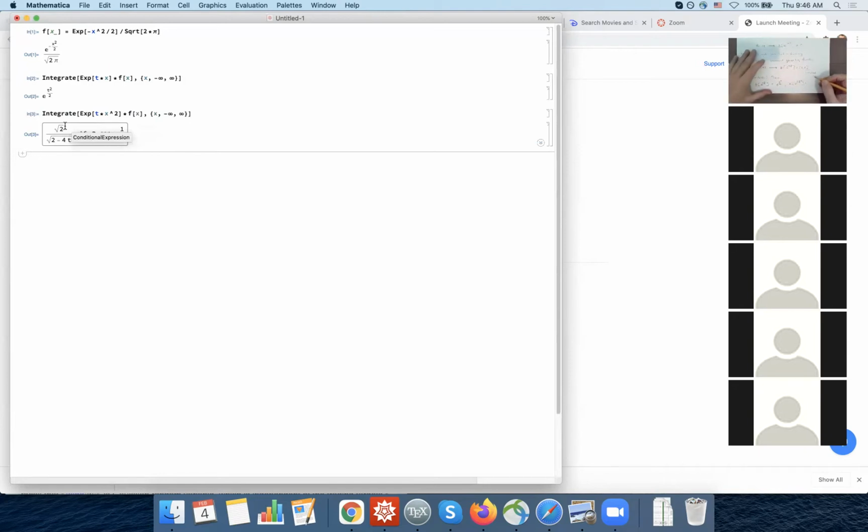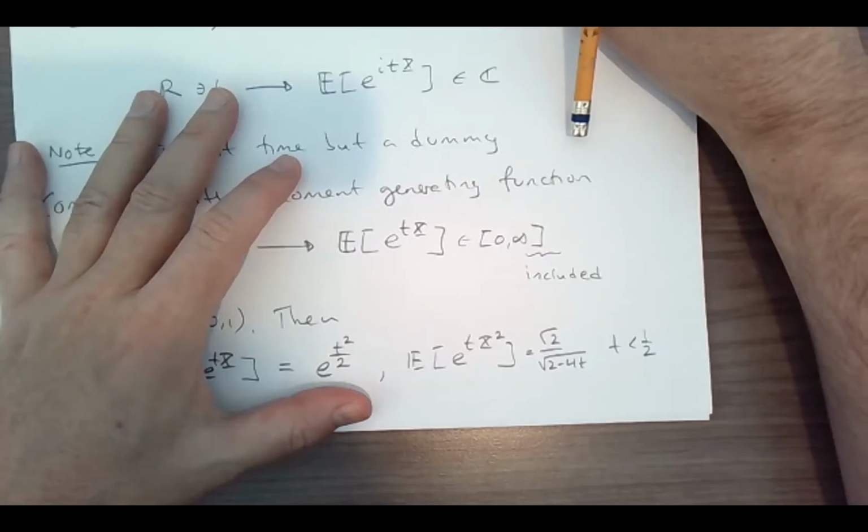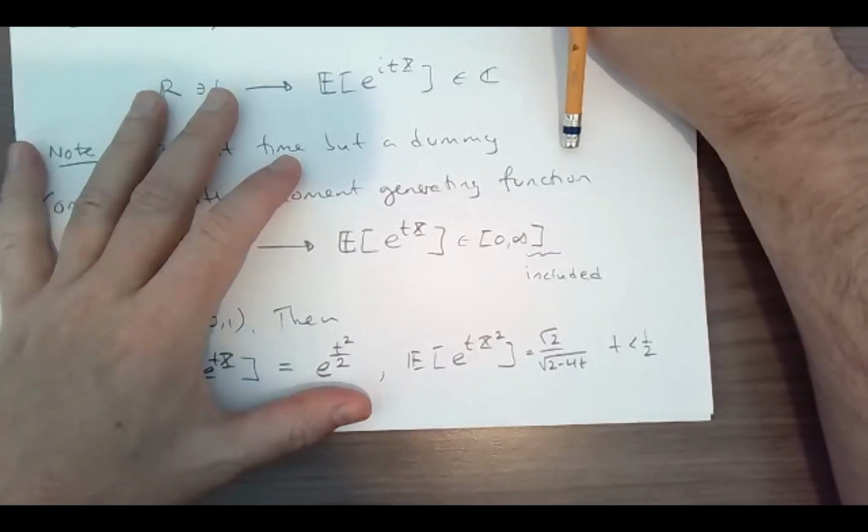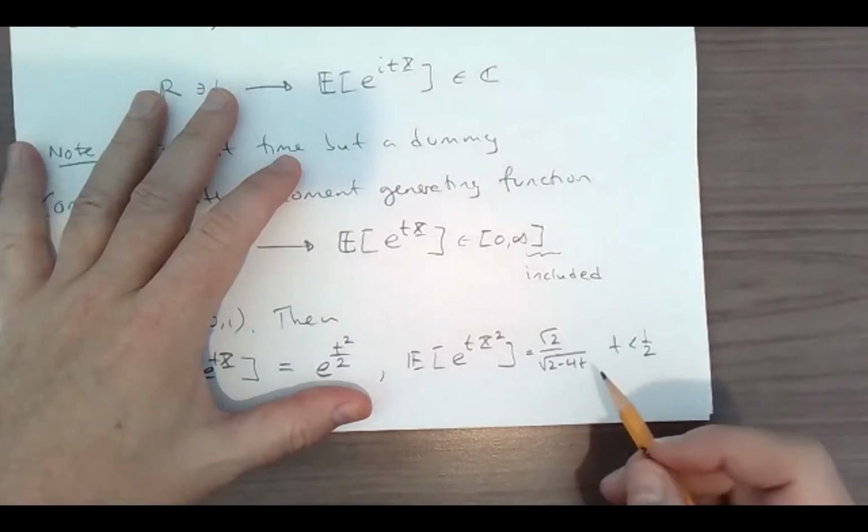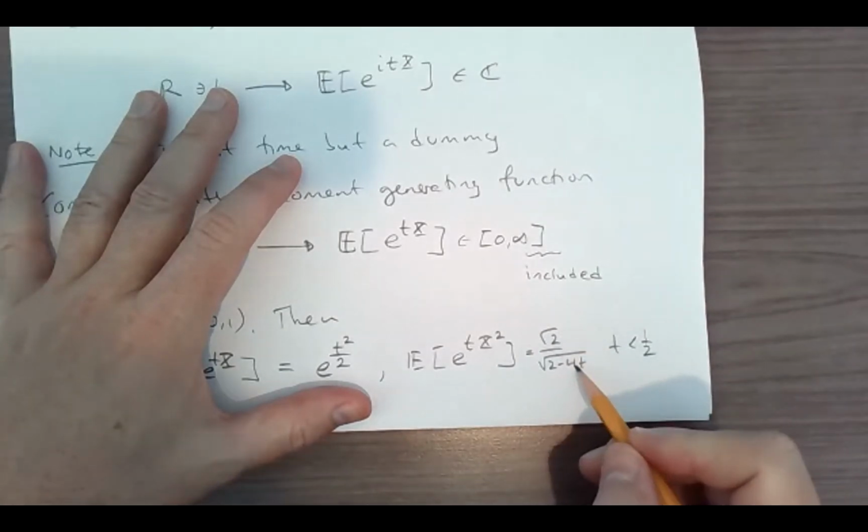Let me just copy paste it on my piece of paper. I'll have root 2 divided by root 2 minus 4t, and this is for t less than a half. Okay, let me stop sharing.